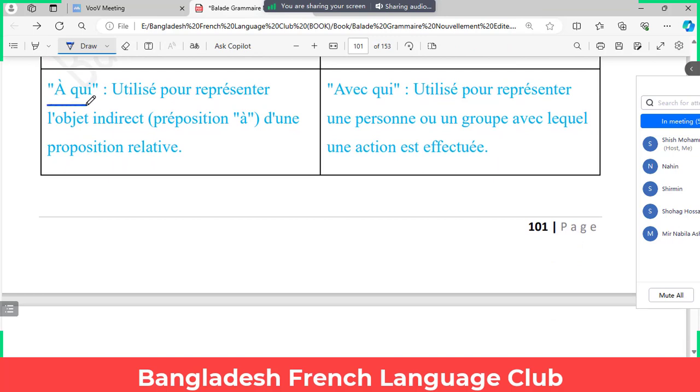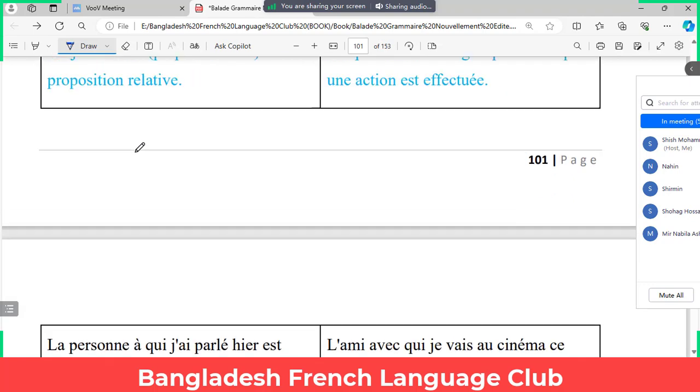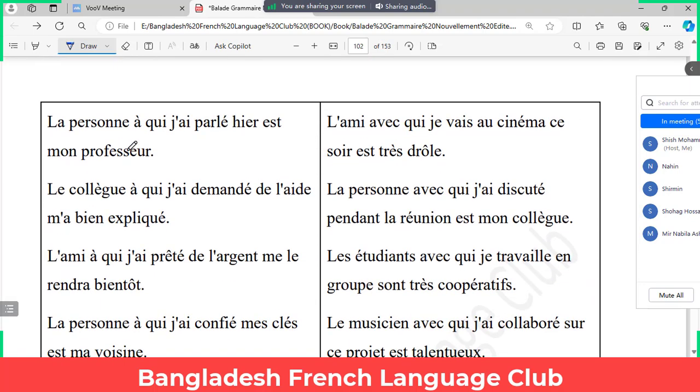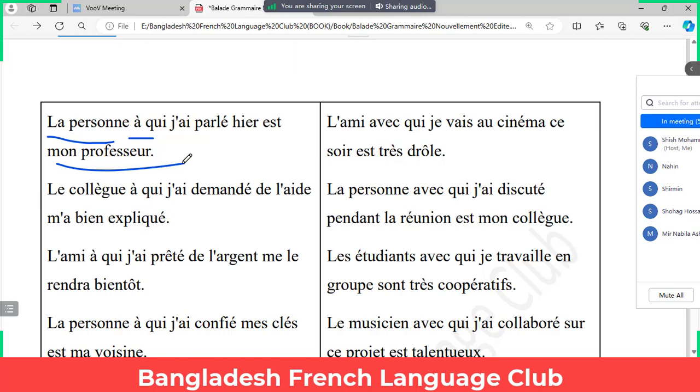Acquis, okay? Acquis utilisé pour reconnaître l'objet indirect d'une proposition relative. Let's see how à qui is used. La personne à qui j'ai parlé hier est mon professeur.